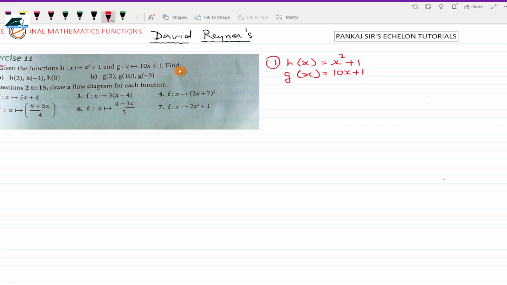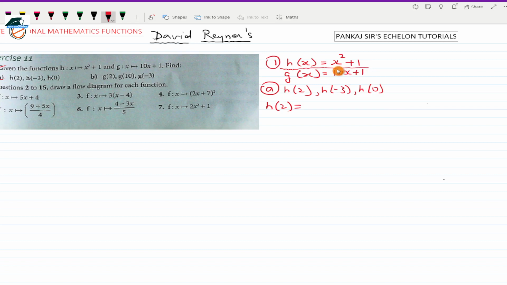Right. Now we are asked to find out h of 2, h of minus 3, and h of 0. So let us try to find out these first. h of 2 will be equal to, now go in the function h of x, that is this one.